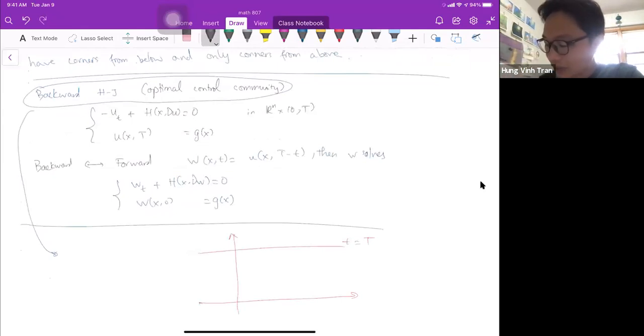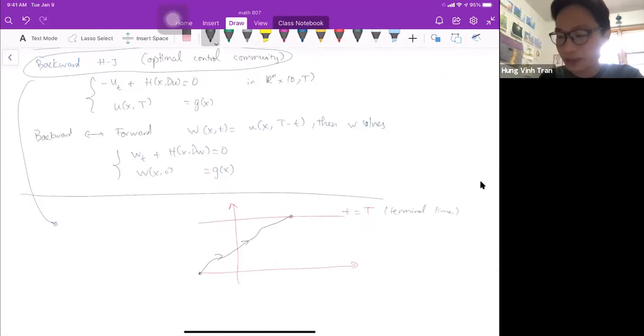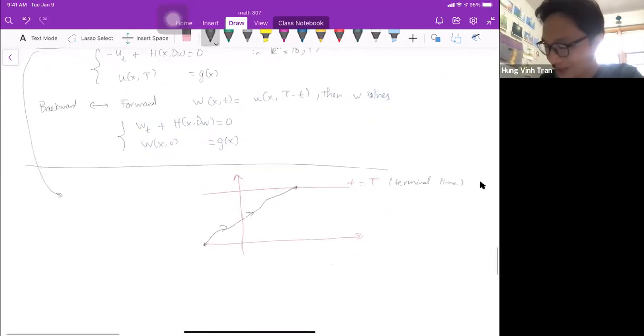You start from some time and you finish your duty at time T. So you go from here to here, and this is the finish time, like your workload shift is 8 hours. That's why they prefer the terminal time problem. There's nothing more than that. People say that for them that makes more sense, but to me, it's the same.